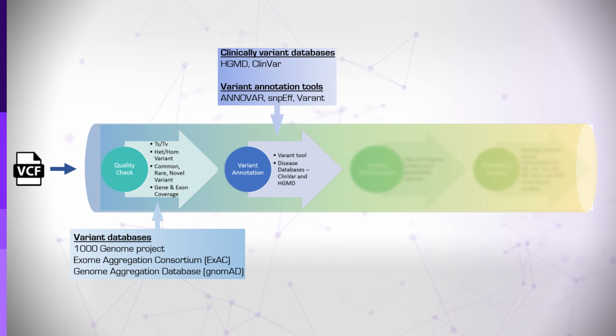The second stage examines rare and novel mutations in the genes of interest, consulting databases that collect known causative mutations for monogenic disease, such as HGMD and ClinVar. These databases also contain confidence information on whether the reported mutations are really likely to be deleterious. There are a number of tools available to assist in variant annotation, and ANNOVAR is a popular one.